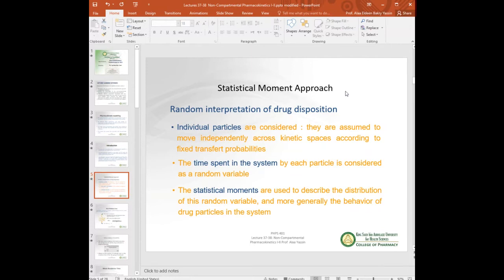You can just tell what the mean residence time for a drug inside the body is. It is a better explanation than the elimination half-life of a drug. This directly talks about the residence time inside the body.